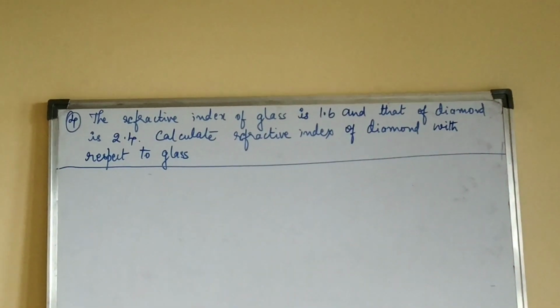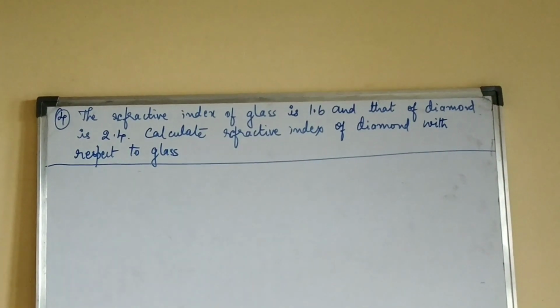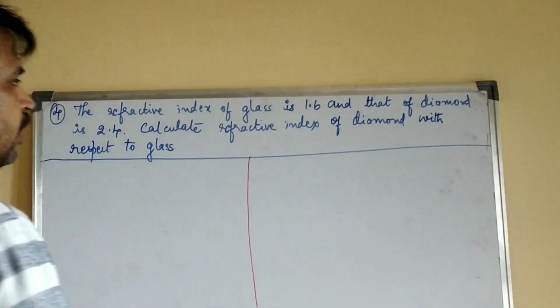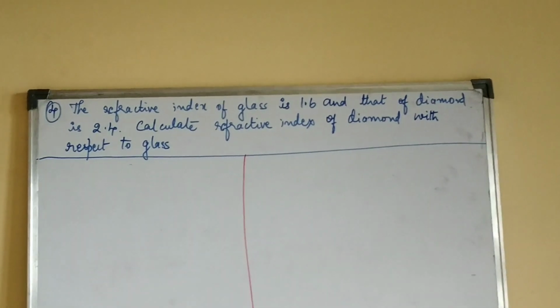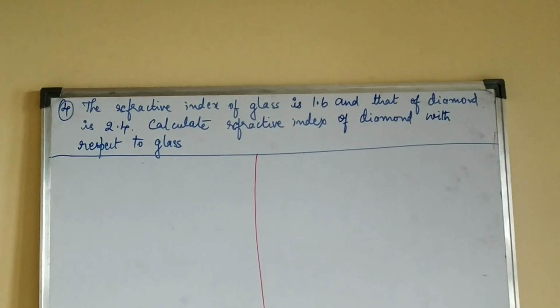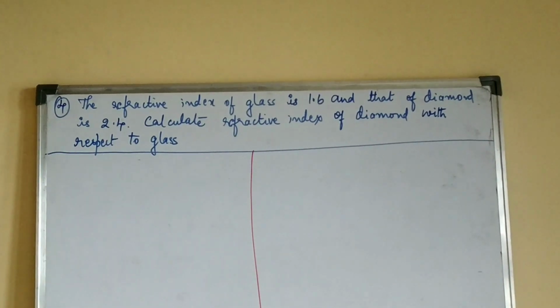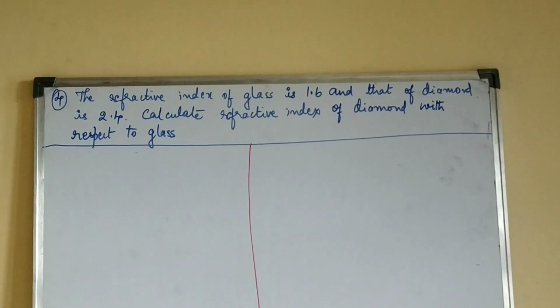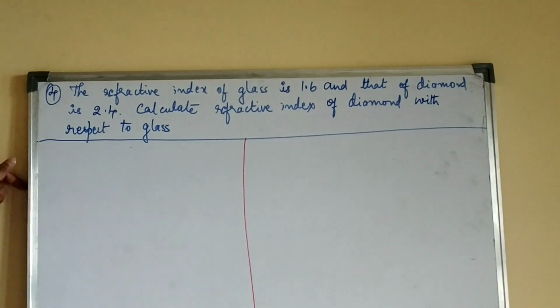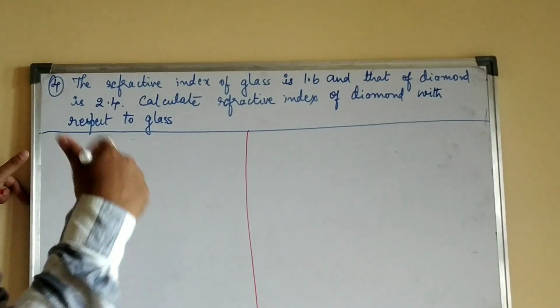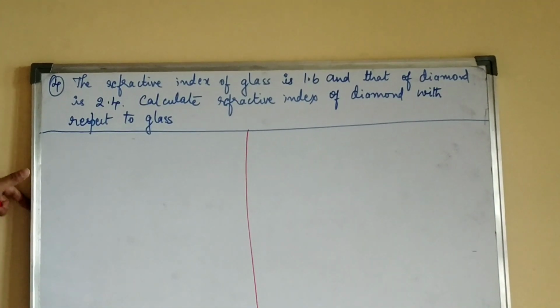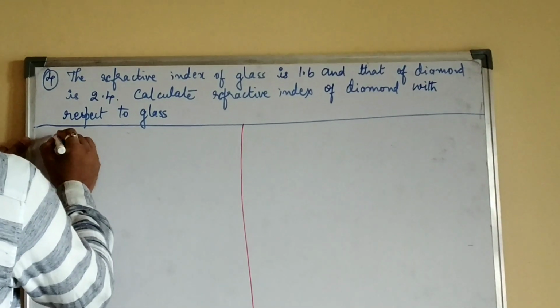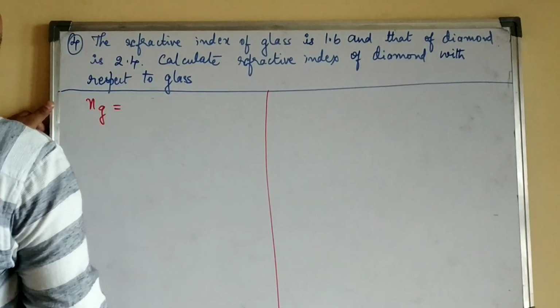The refractive index of glass is 1.6 and that of diamond is 2.4. Calculate the refractive index of diamond with respect to glass. First write the given data. What refractive index is given? Now there are two media here, one is glass, the other one is diamond. Refractive index of glass is given, that is Ng.